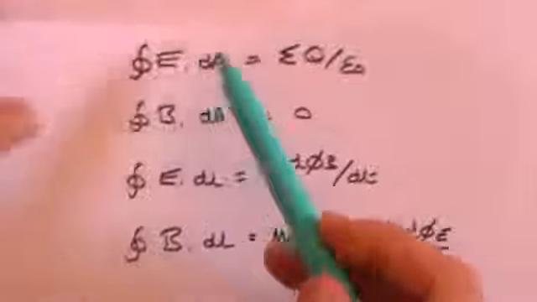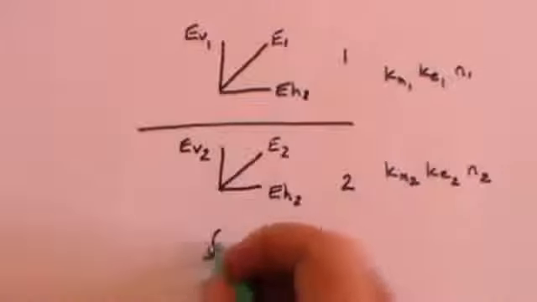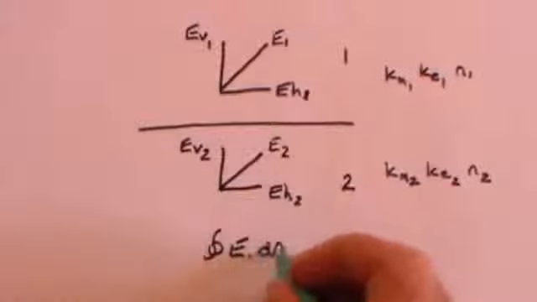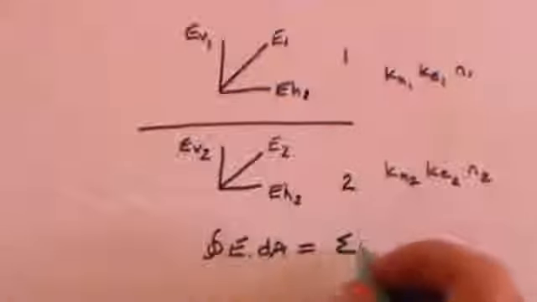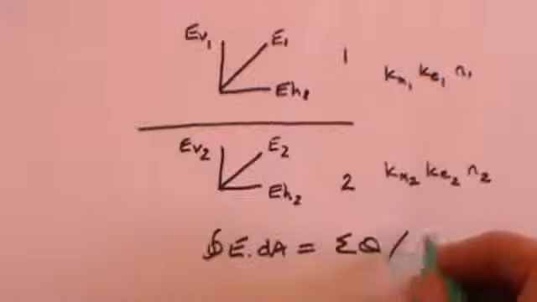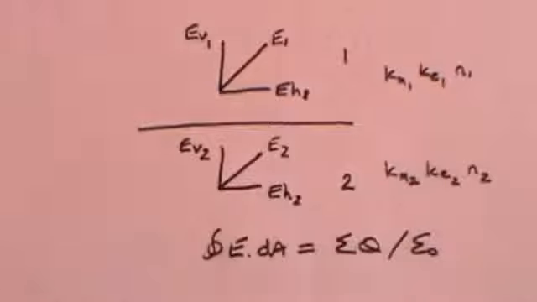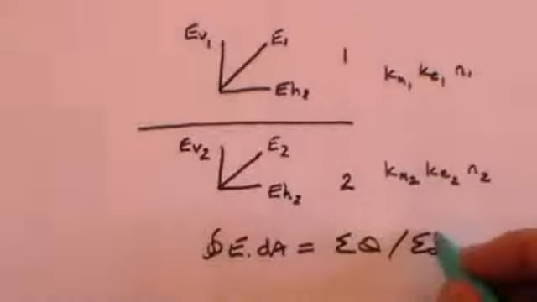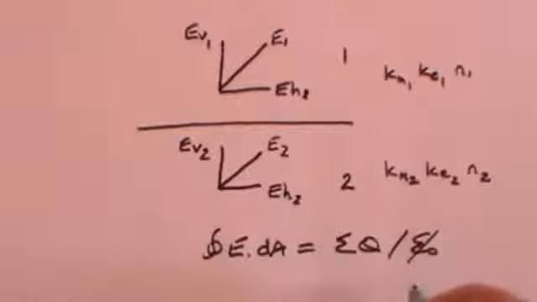And if you can remember that, it was that the integral of E dot dA is equal to the sum of all the free charge, sigma q, divided by epsilon 0. Now, because we are in dielectrics, we're going to have to modify this term epsilon 0 to be Ke epsilon 0.